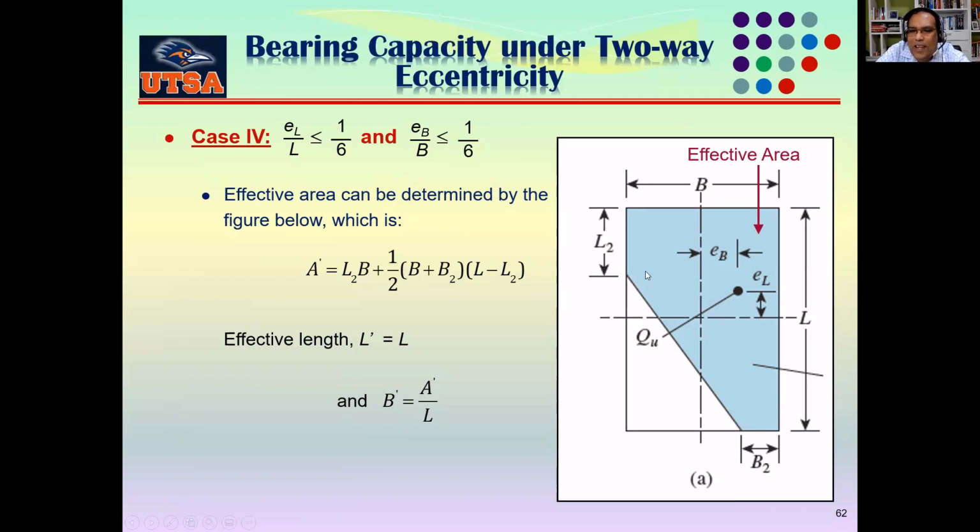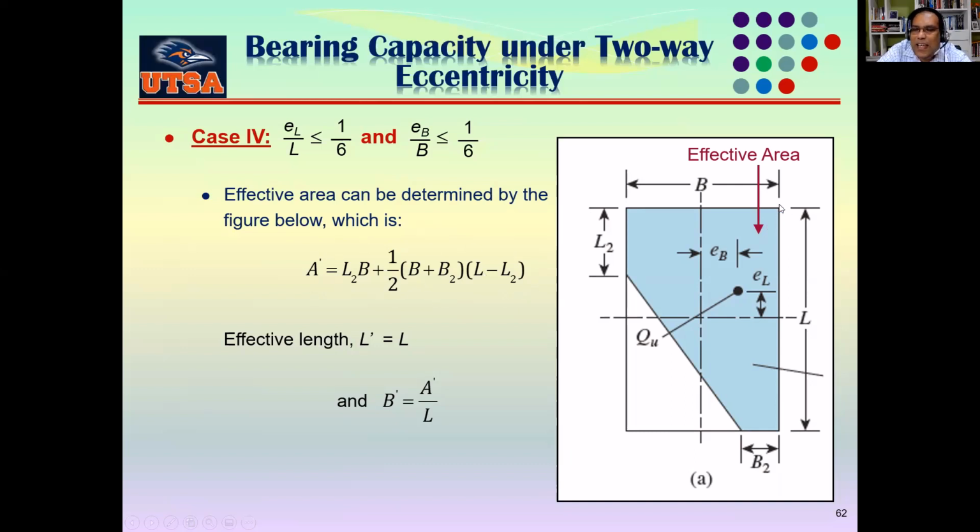So the length of this trapezoid would be L minus L2, right? From here to here is B, and this is B2. So (B plus B2) divided by 2 multiplied by the distance from here to here, which is L minus L2. Okay, so you can find out your effective area here.